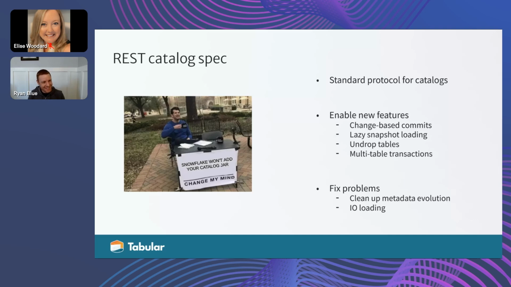And the problem there is, of course, commercial databases don't just accept random jars from customers that want to get code into their database. So, the joke here is Snowflake isn't going to add your custom catalog jar to their runtime, right? So what we needed to do was, much like the Thrift interface, standardize the protocol for talking to a catalog. That way we all have a common client that we can include everywhere.